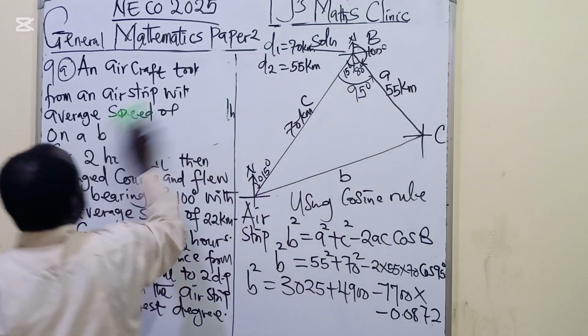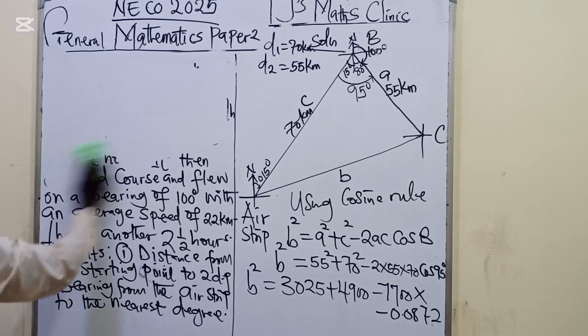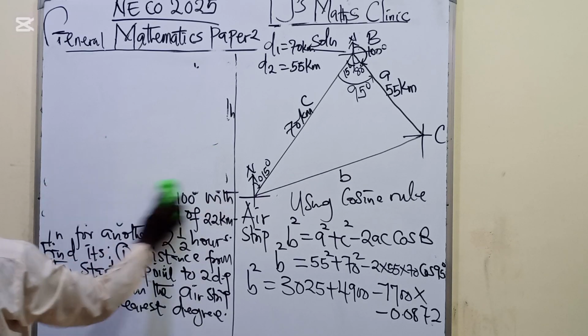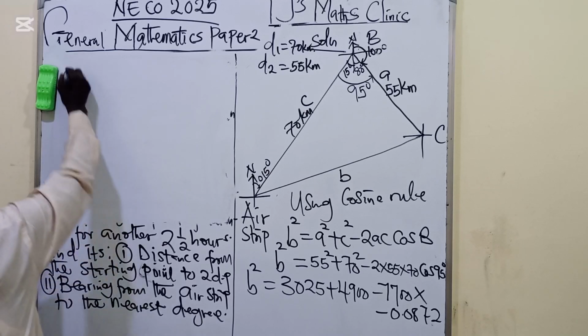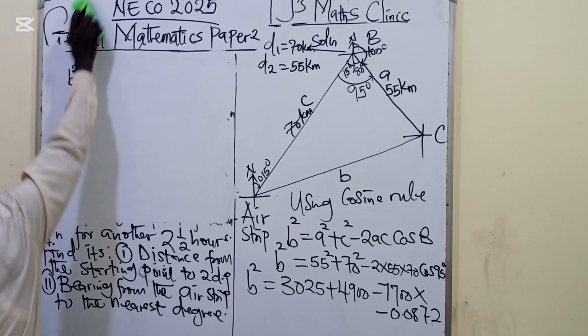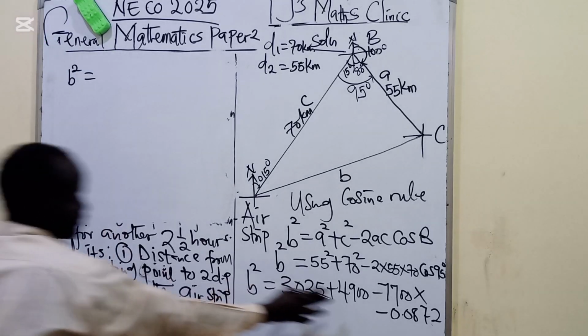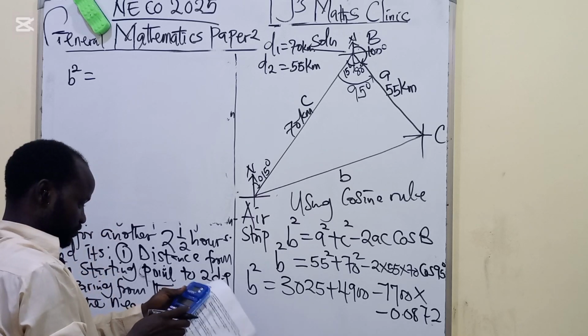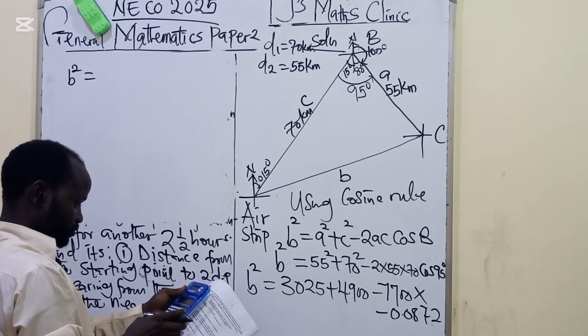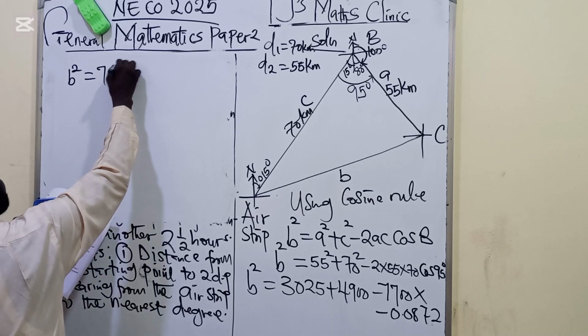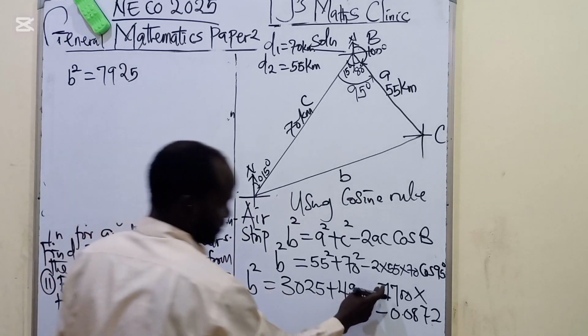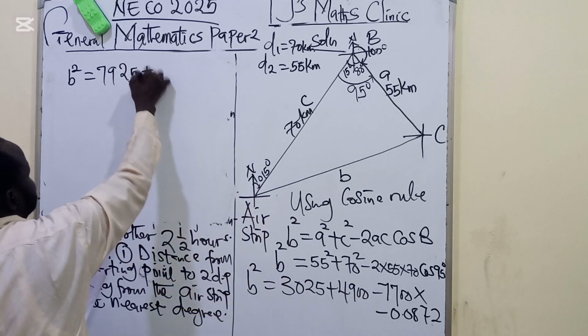So let's simplify this further. Permit me to clean this part of the question up to this point so that we can solve for that distance. So b square now will be equals to, we can sum this, that's 4900 plus 3025. We have 7925. When I say minus times minus, of course, will be positive.